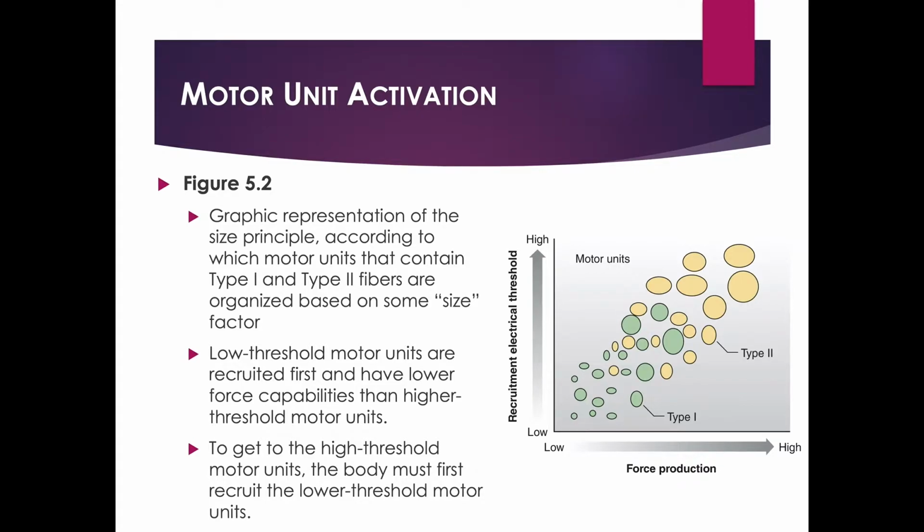The larger motor units have a larger threshold, and it's really kind of a way the body doesn't activate all the motor units at one time because they can fatigue out. So you basically start to recruit what is necessary, what is needed to get the task done, and at that point you keep recruiting until you get enough motor unit activation to be able to accomplish whatever task you're trying to get through.